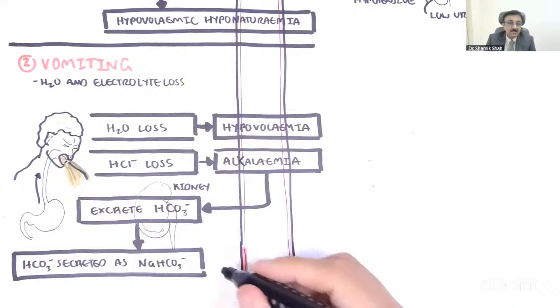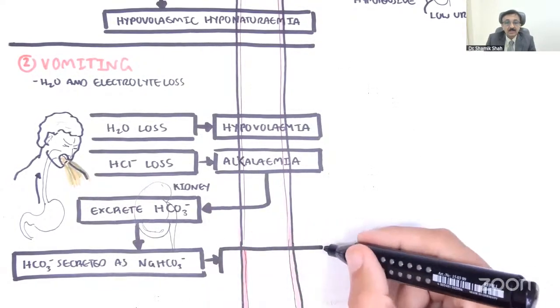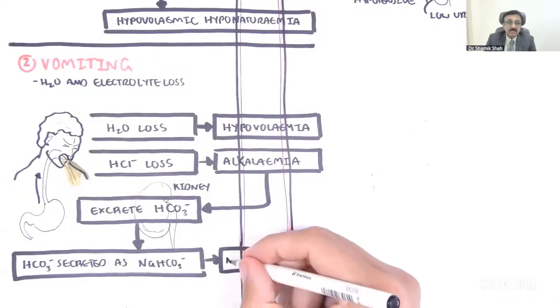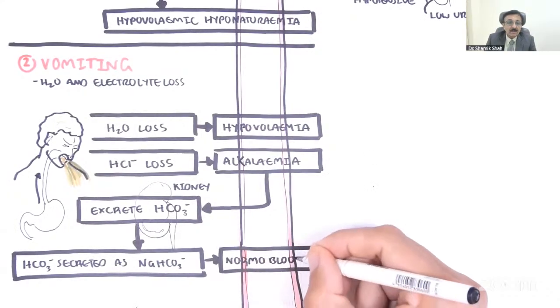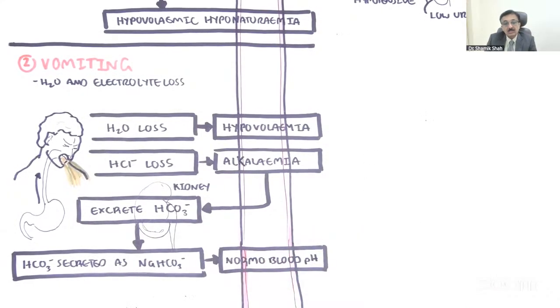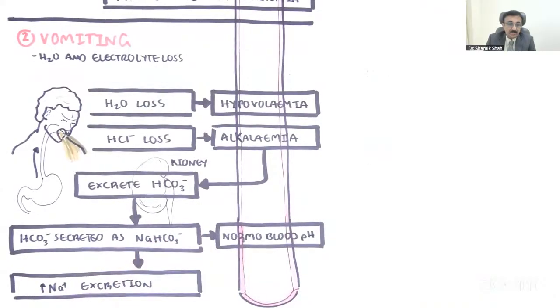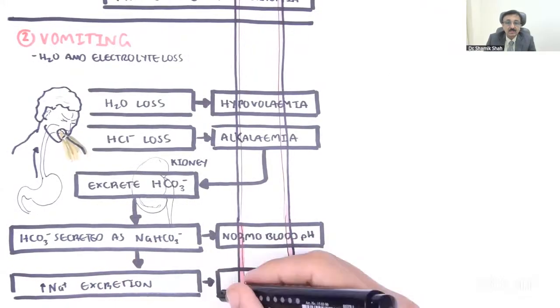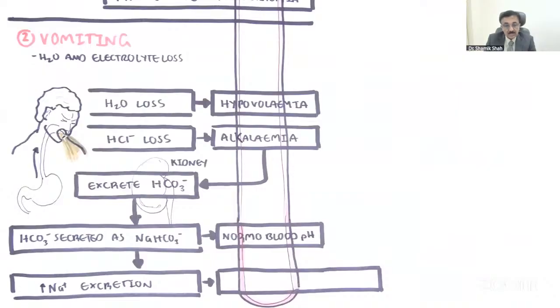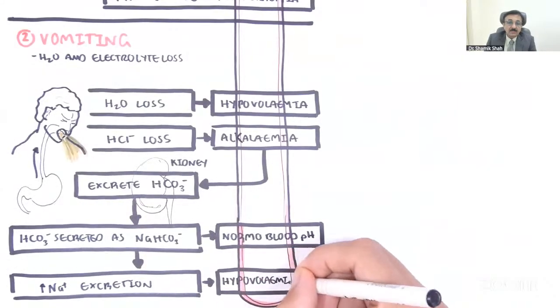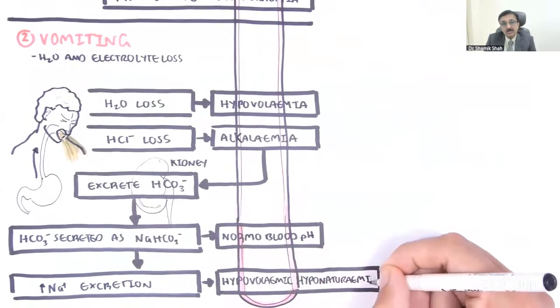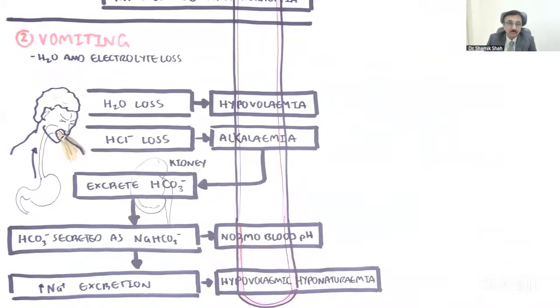This bicarbonate is excreted as sodium bicarbonate. And when there is excretion of sodium bicarbonate, there will be a normalization of the blood pH. But because of the excretion of the sodium and the bicarbonate, more sodium is excreted, so there will be hyponatremia. And the patient has already lost a lot of volume through the vomiting, so there will be hypovolemic hyponatremia.